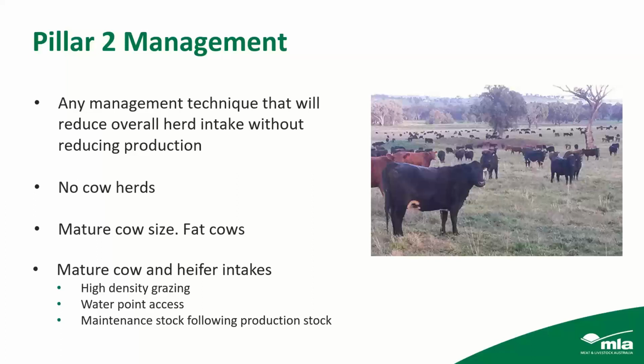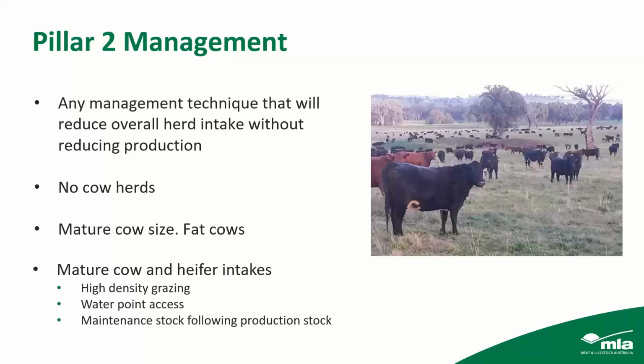That's the measure. I'm just going to give you a couple of quick examples. The first one is a bit out there, but I think it could potentially have quite a large impact in commercial production. It's called the no cow herd. It came out of America a long time ago and hasn't been talked about much. We're thinking about this in terms of methane.